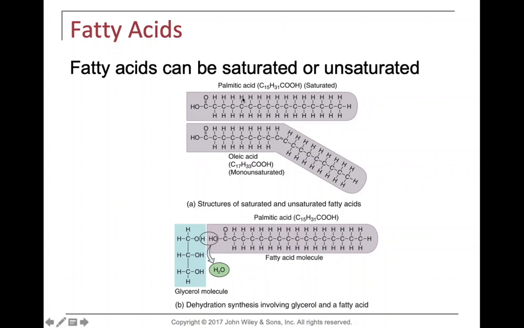Okay, so we look at fatty acids. We'll see that fatty acids are a long carbon chain, and attached to each carbon is hydrogen. If you look at the top where you have palmitic acid, you'll see that it looks different than oleic acid just underneath it. And that's because if you look at that kink right in the middle, there's a double bond. Okay, that double bond is considered to make this monounsaturated compared to saturated, right?